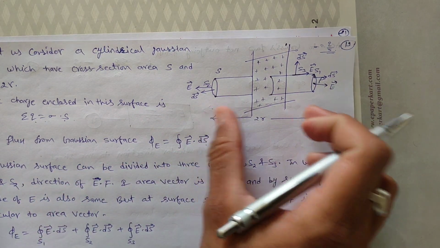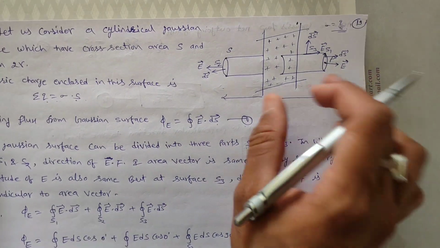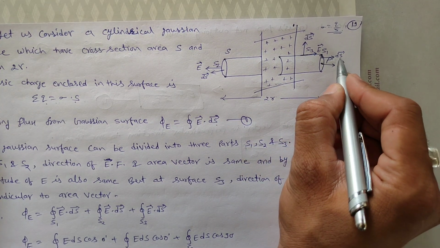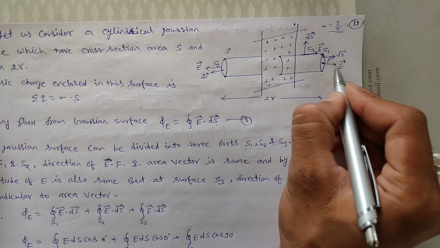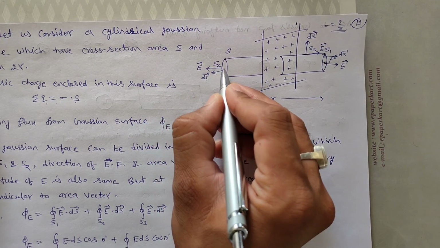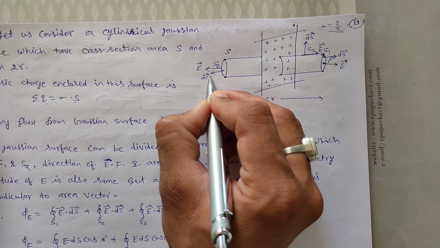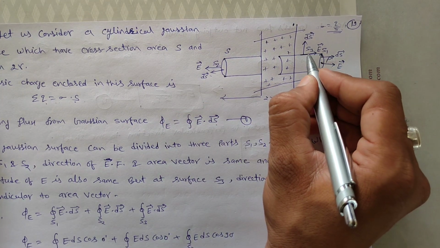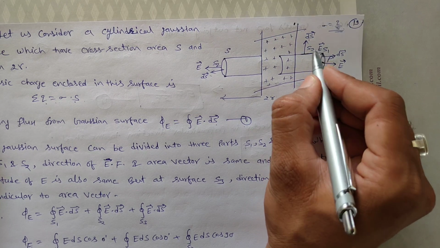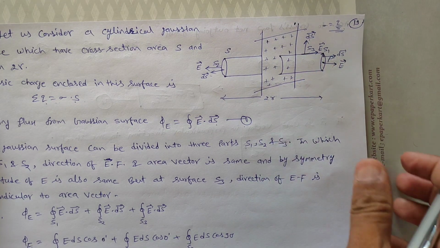Now we can easily see that the angle between E vector and ds vector for the S1 surface is 0, and for S2 it is also 0. And for the S3 surface, the angle theta between ds and E vector is 90 degrees.